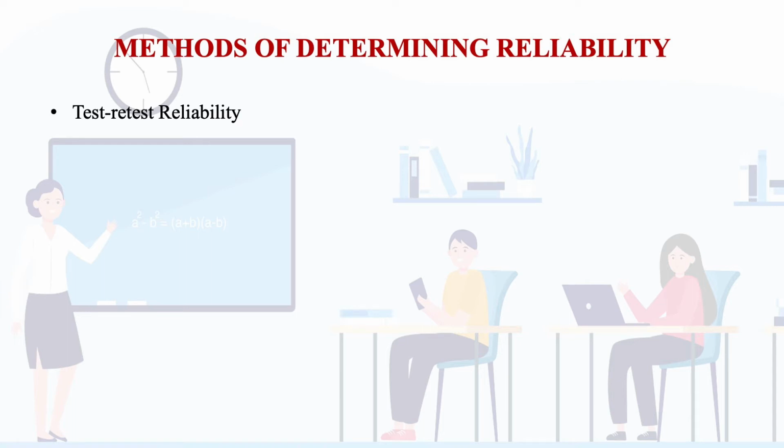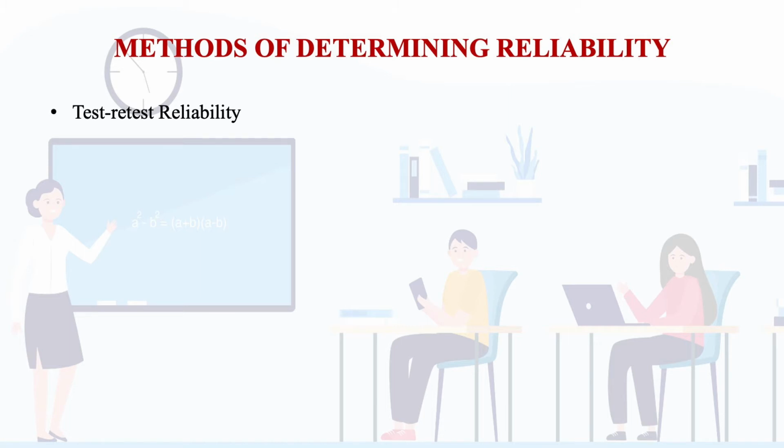Further, you can use it in different places and in different situations also. And now let us focus upon the methods or techniques that we follow for determining reliability of a test. So friends, mostly we use three methods for determining reliability.